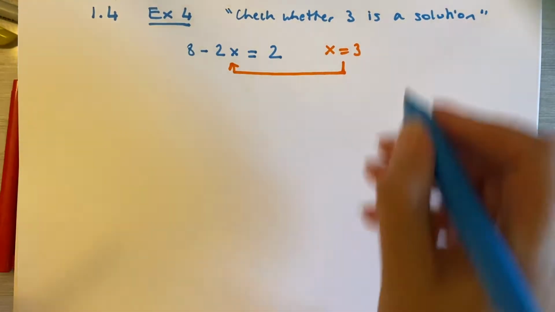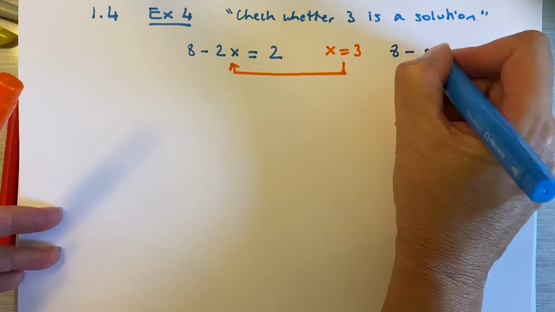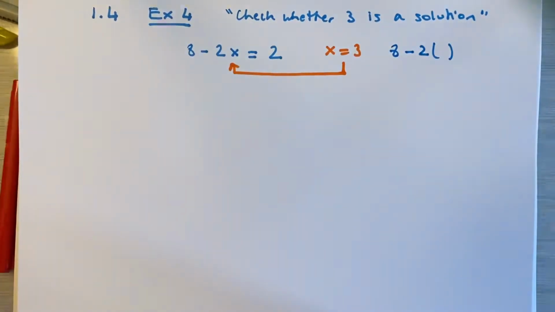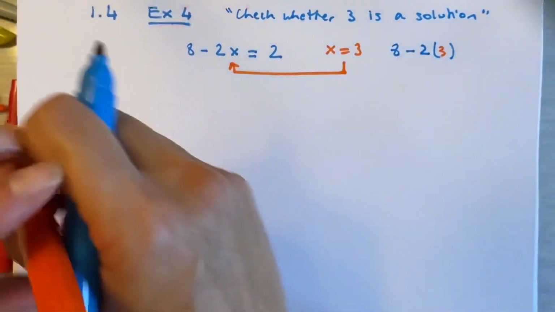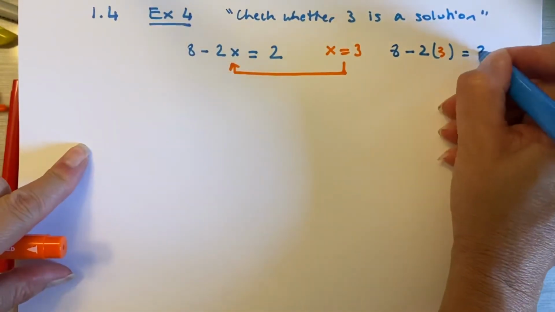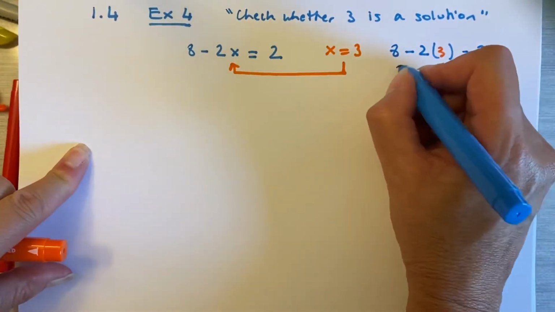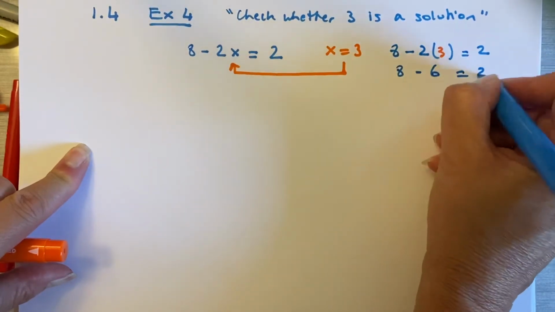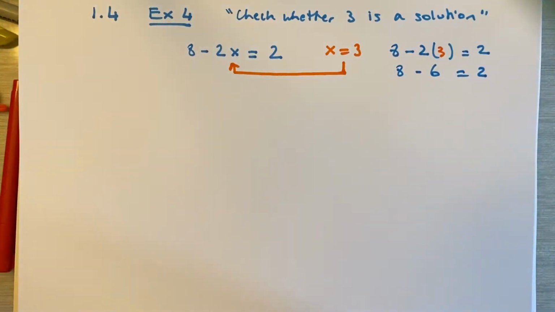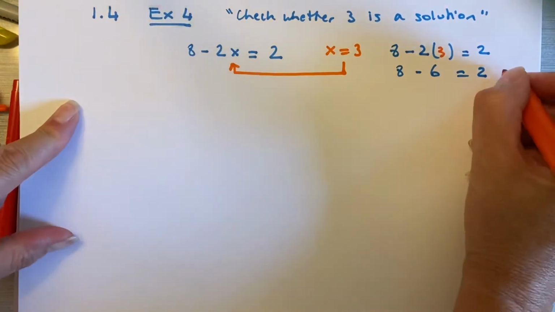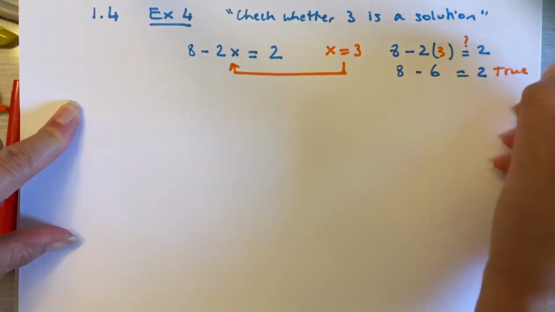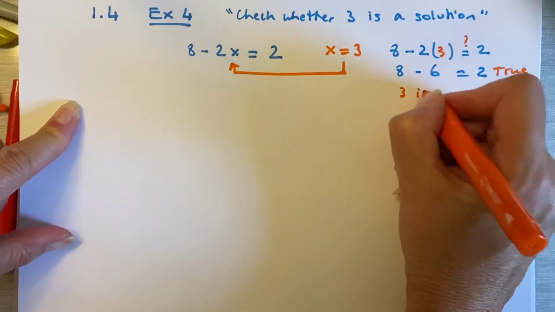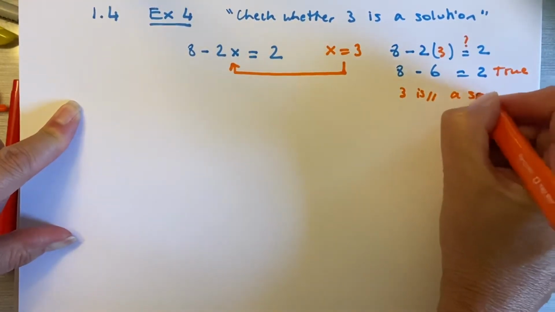So I make it 8 minus 2, and I put the 3 in right there: 8 minus 6 equals 2. Is that a true statement? Well, yes, it is. 8 minus 6 is 2, right? If that is true, then 3 is a solution.